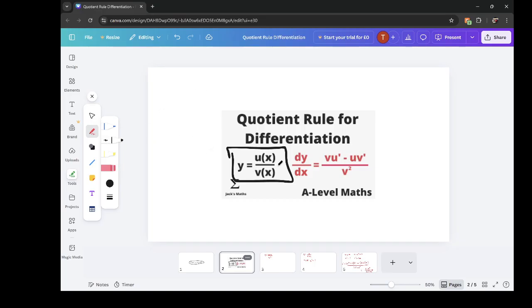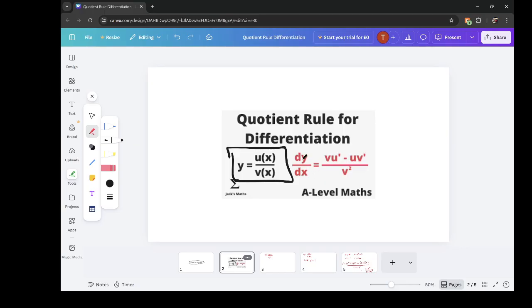So u(x) over v(x), and both of these are their own separate functions. So how do we find the differentiated version of this? Well, you can apply the product rule in this case, but it's easier to just apply the quotient rule. So what does that mean?